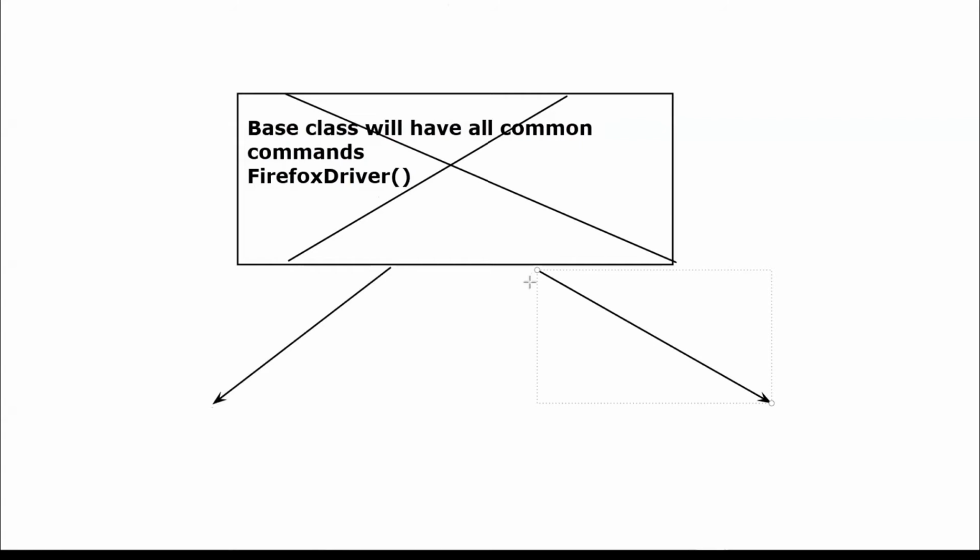So we cannot take that risk of doing anything in the base class. Altering base class again and again can result into some serious complications. That's why, as good testers, it's a very good idea to keep the things which are subjected to change in a different folder or file called configuration files.